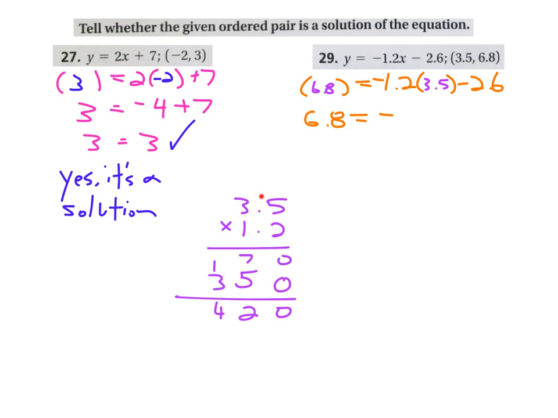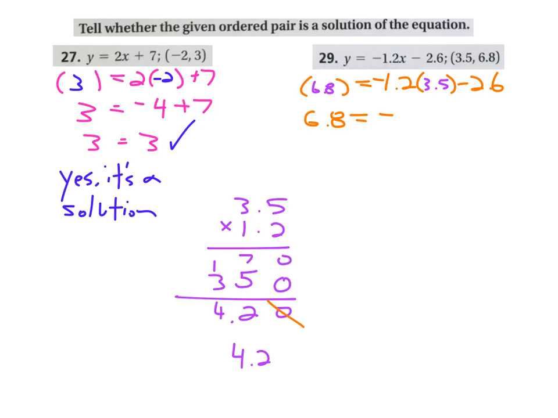And in our answer, how many digits were behind a decimal? There's one behind this decimal and another one behind this decimal for a total of 2. And so in our answer, we need to have 2 digits behind the decimal. And what we get is 4.20, and we can also just write that as 4.2. Anything at the very end, not trapped in by anything, nothing following it, can get dropped off. 4.20 is the same as 4.2.